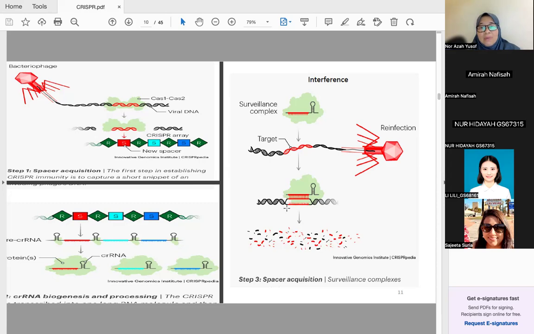So they cut from here and here. Once it is cut, it sort of kills the whole system. The virus will not be able to replicate in the body of the bacteria. So that is how the defense mechanism works using the Cas system.